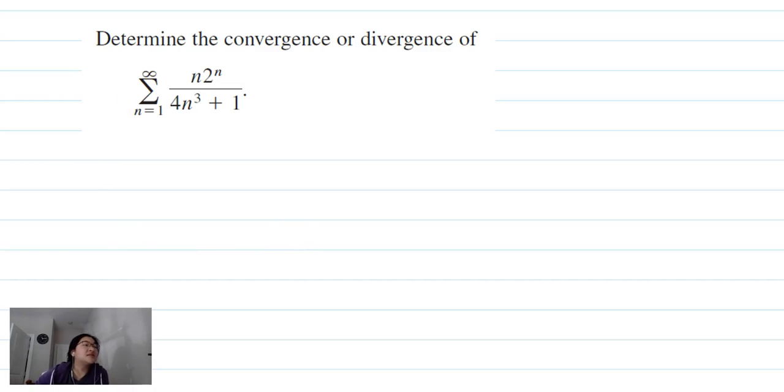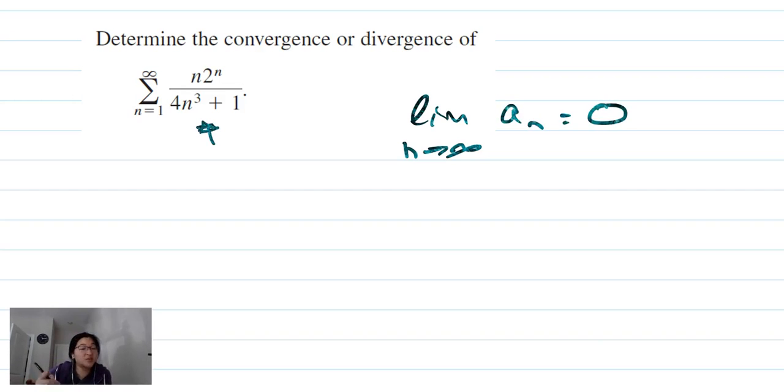Does the limit as n approaches infinity of the terms of my sequence go to 0? Because if it does, then it's possible that it converges. But if it doesn't, then we're adding up non-zero numbers infinitely, and we're not going to get a number. We're not going to get convergence. So let's think about that.